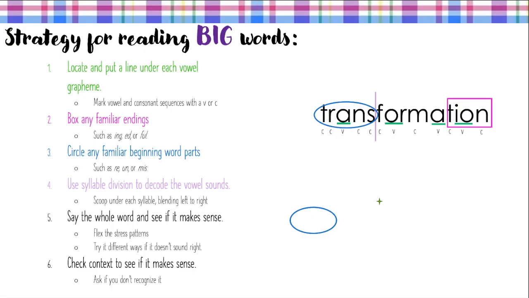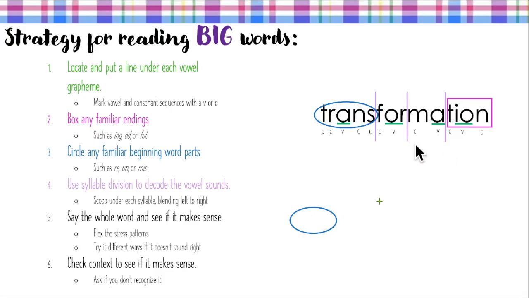Use syllable division to separate my prefix from my other word, or where I see two consonants sitting side by side. SF is not a digraph. It's a blend I can break up. Same thing up here, tion is going to be its own suffix. I can break it there.